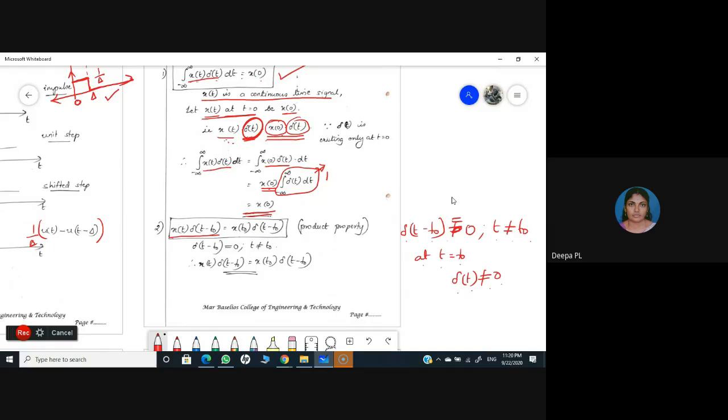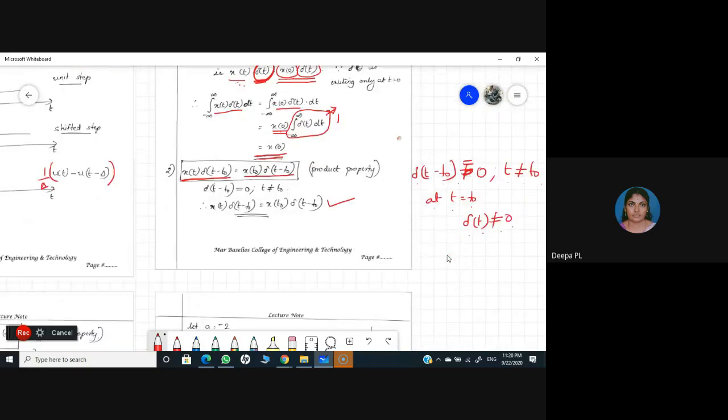So if I take the product x of t into del of t minus t naught, that will be equal to x at t equal to t0 into del of t minus t naught. That is a property known as the product property of the impulse signal.